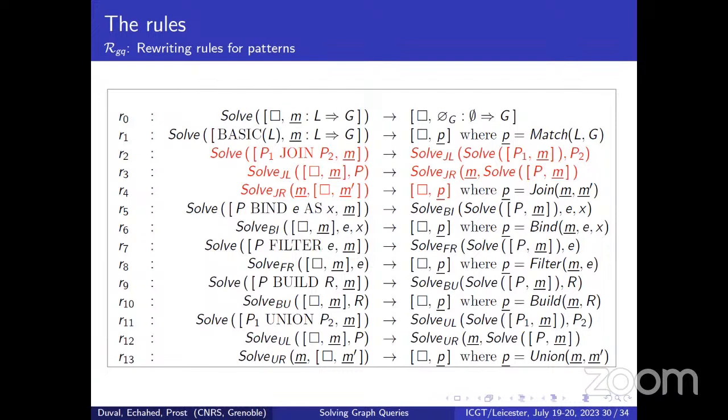And in this case, we will have this argument here, and go and solve the right pattern with this function, solve join right. And once this one is solved and goes to the normal form with the empty pattern with a set of solutions M prime, then we can get this normal form where P is a join, as defined in the first algebra, of M and M prime. Okay, and the rest is of this kind.